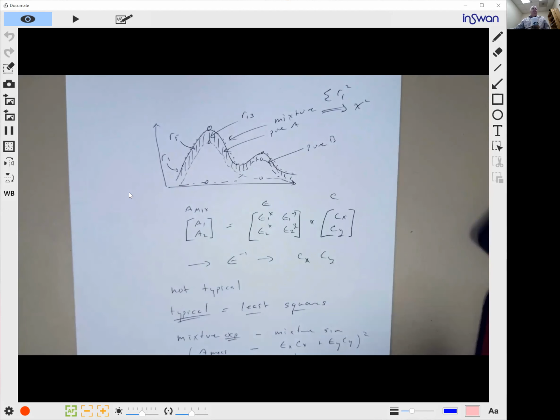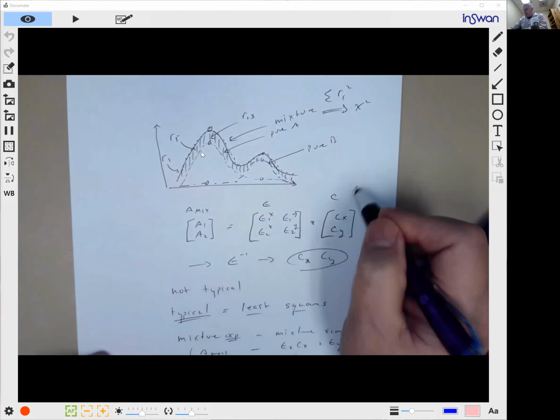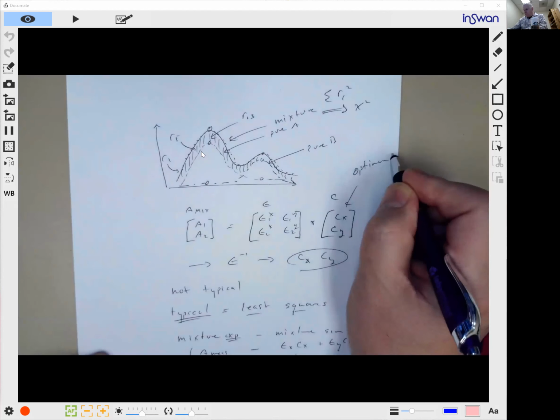Does that work? So now, when our guess for Cx and Cy, when this matrix is optimum, right?